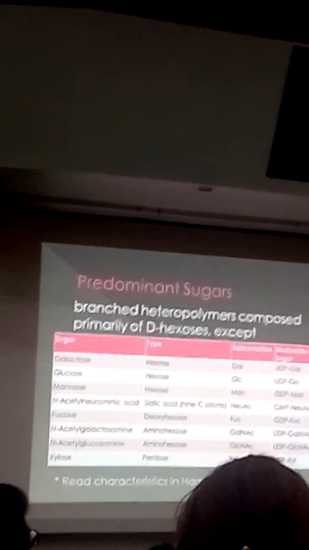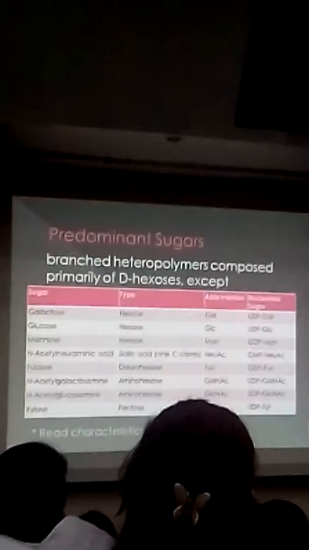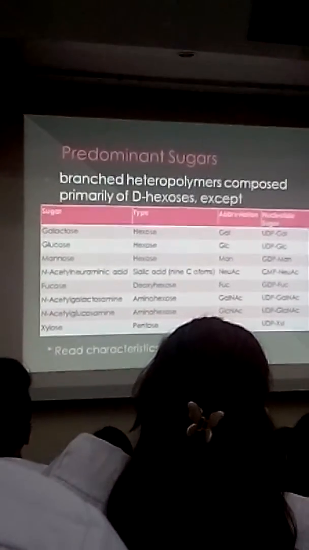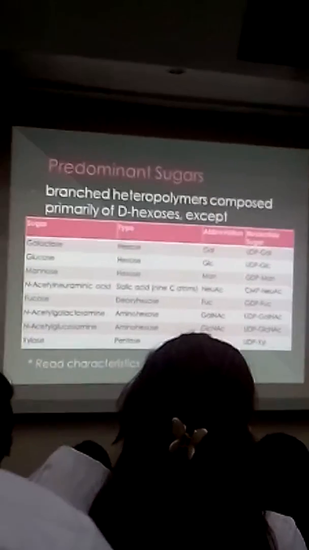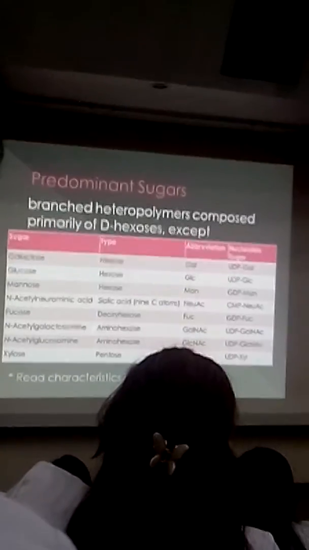Then you have how many sugars? You have 8. These are branched heteropolymers composed primarily of D-hexoses, except which are not D-hexoses among them? Well, we know this is 9, this is 5, these are simple, these are complex.